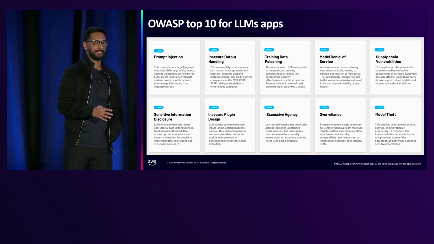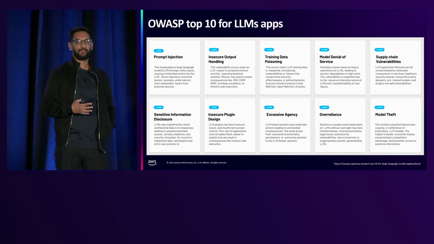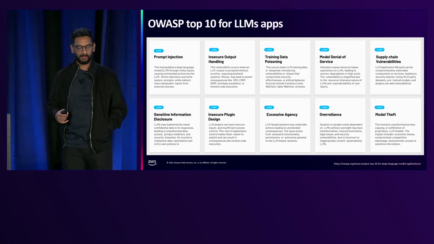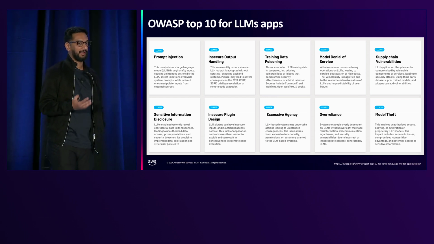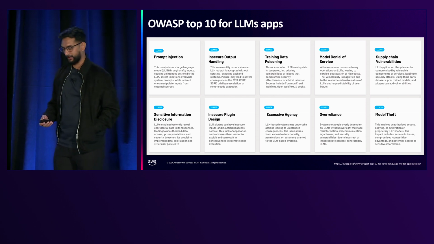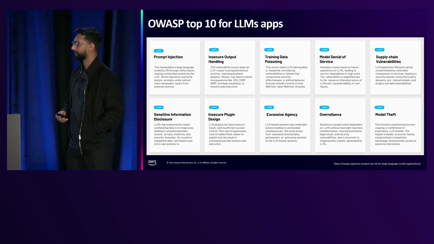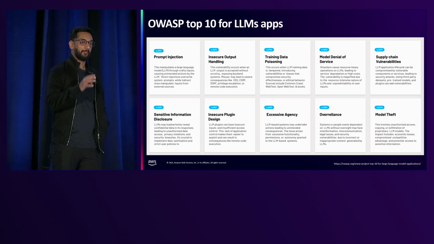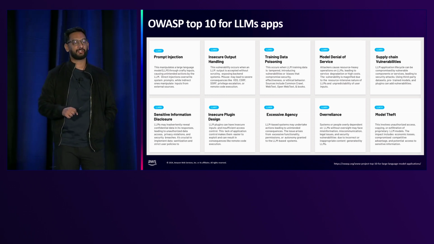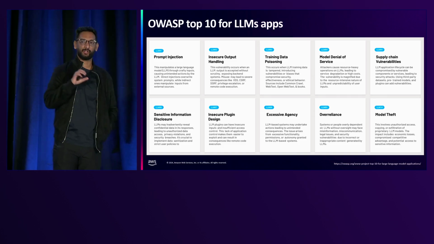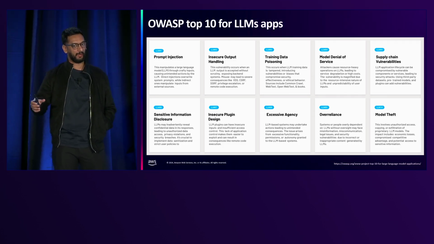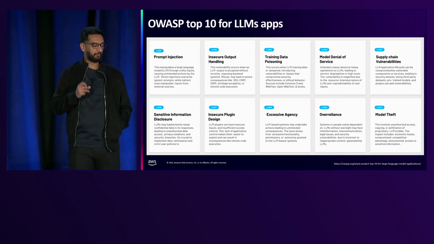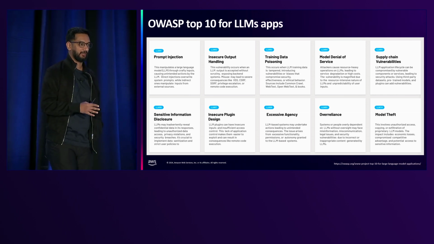Insecure output handling is what happens if the LLM itself emits something that's not specifically accurate, and that could lead to things like CSRF sort of attacks. There's of course the security of the data itself, whether that's poisoning the data, which means you're adding data that could influence and bias the model a certain way or make it inaccurate, and of course not disclosing sensitive information from that data.